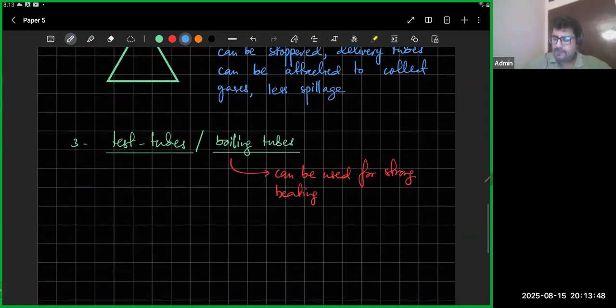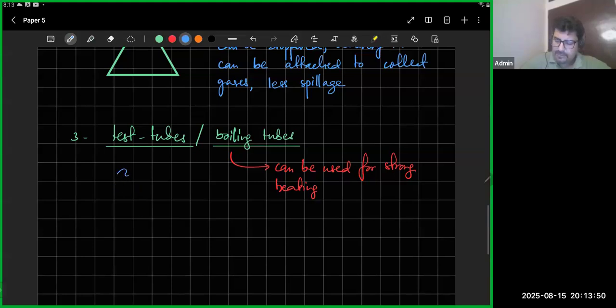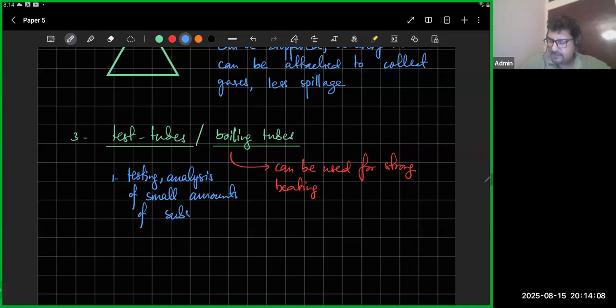So what are test tubes used for? Number one, they are used for testing, analysis of small amounts. जो भी टेस्ट करना है, salt analysis, etc. They can be stoppered with a rubber bung.